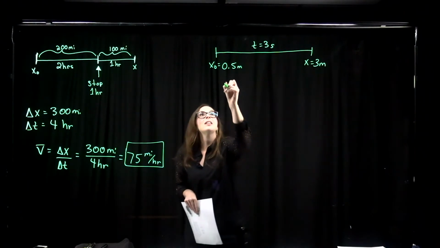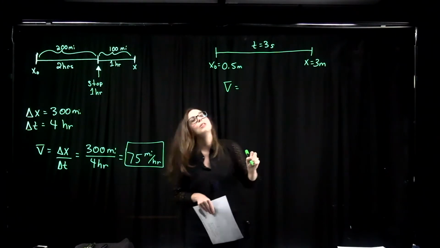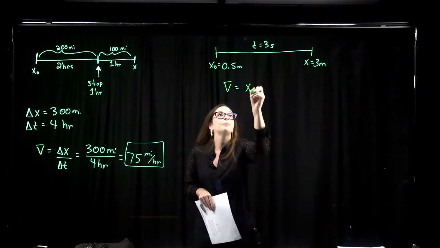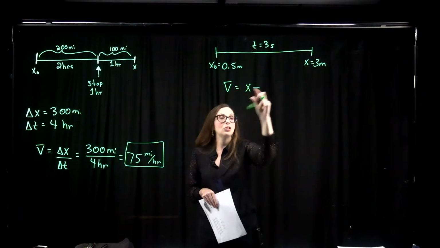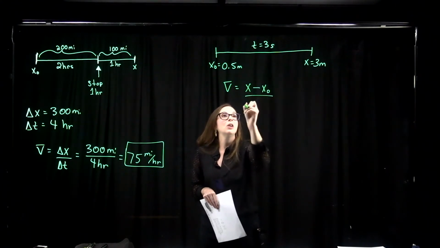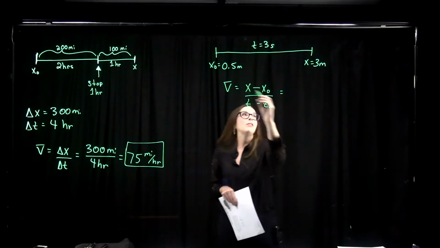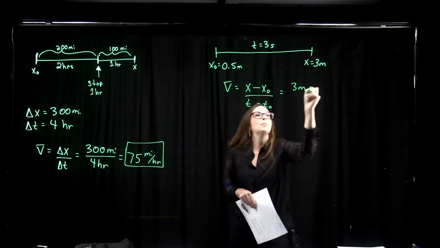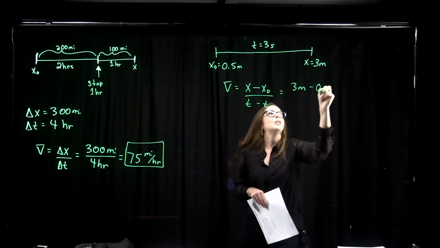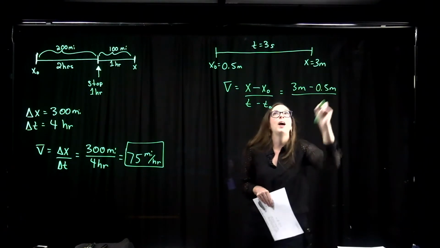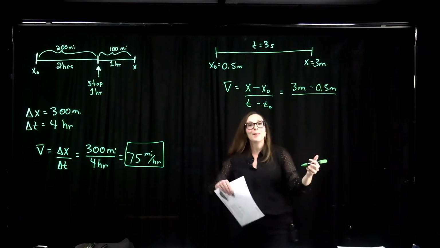Calculate my average velocity. So my average velocity for this trip is going to be my final position minus my initial position over my final time minus my initial time. Okay, so my final position was 3 meters minus my initial position, 0.5 meters, divided by the time it took me to take my journey.